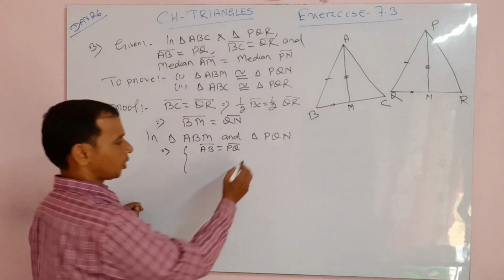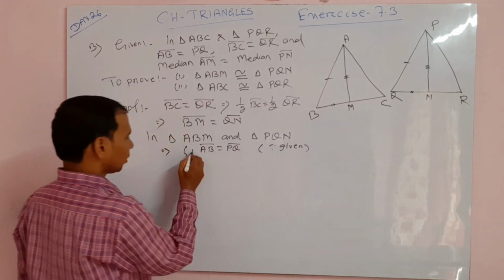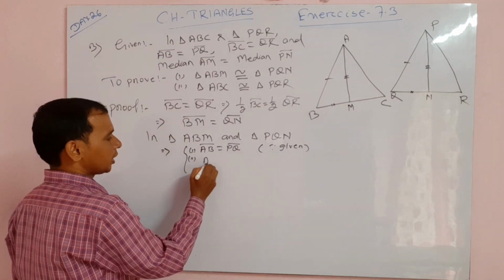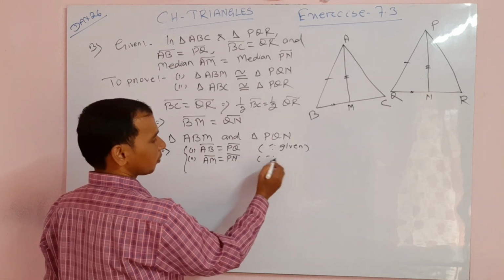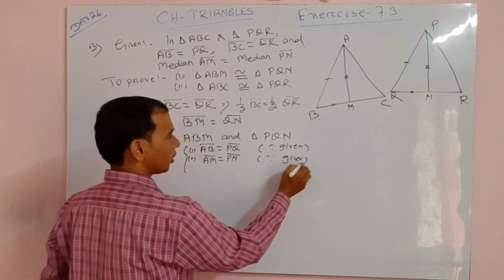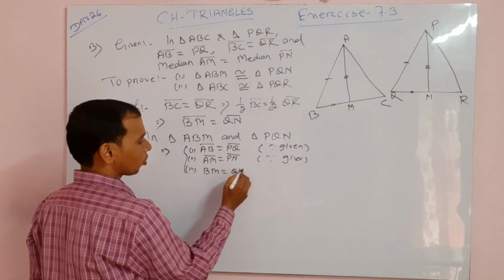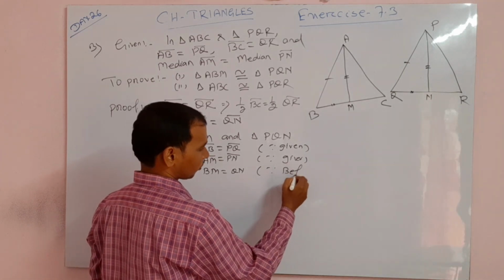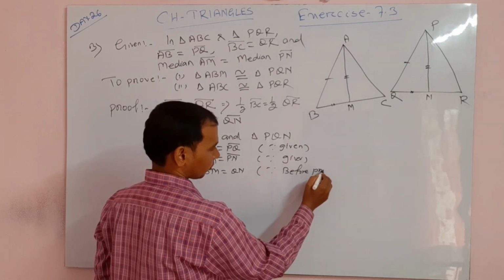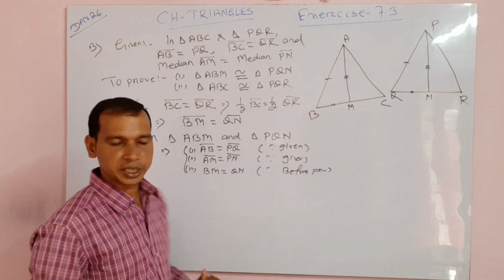AB equal to PQ because given. Second option here AM equal to PN because also given. Then third option here BM equal to QN because proved before.